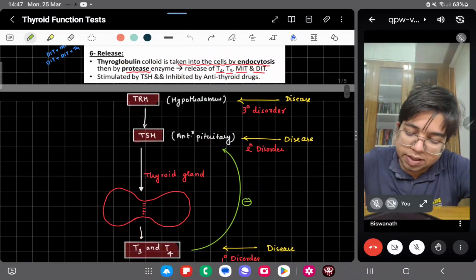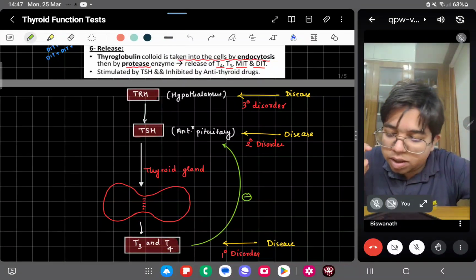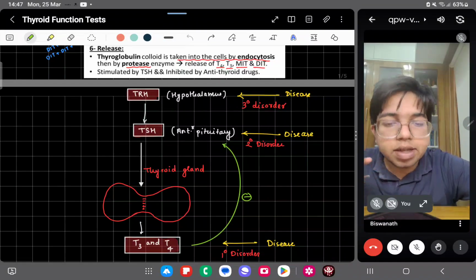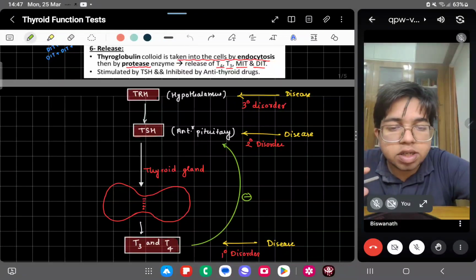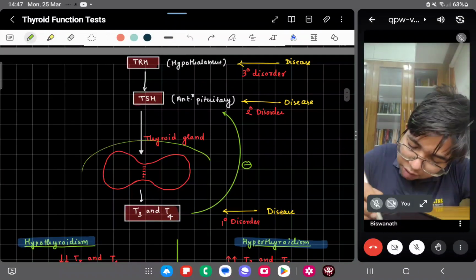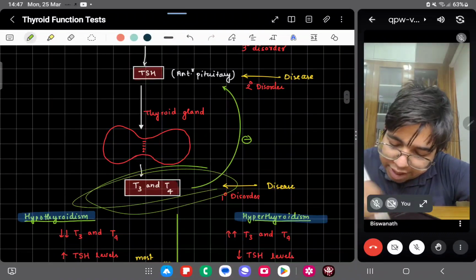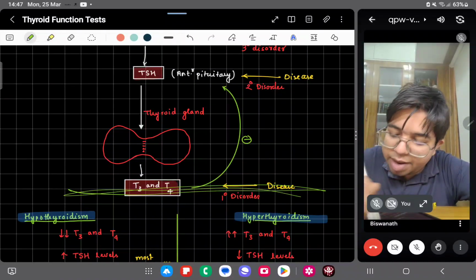No need to discuss. TRH. There's a concept of primary, secondary, and tertiary disorder, which I had left in the physiology part. Let me discuss this here. If there is a disorder of T3 and T4 at this level, it is called a primary disorder.